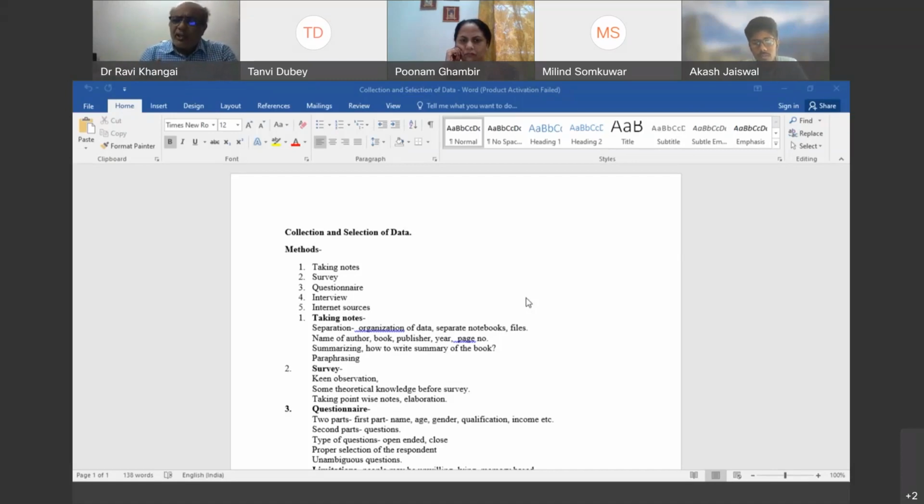For example, if you ask a question like, what are the problems of the villages? Then it is quite possible that some person might just write two, three words. They will say drinking water, school, medical facilities. But it's quite possible that some person might elaborate the answer and start writing a complete essay.